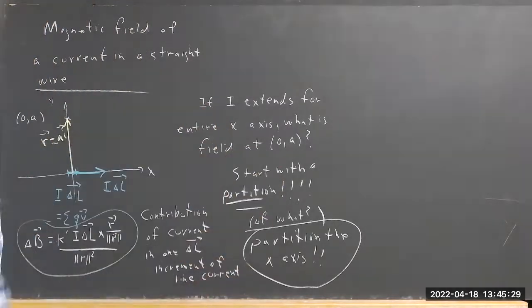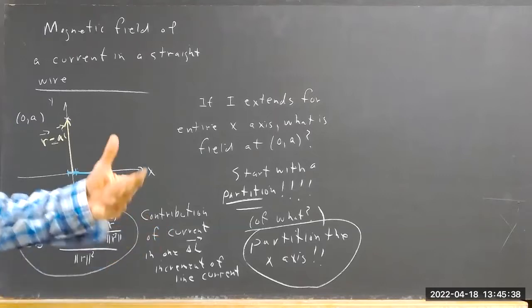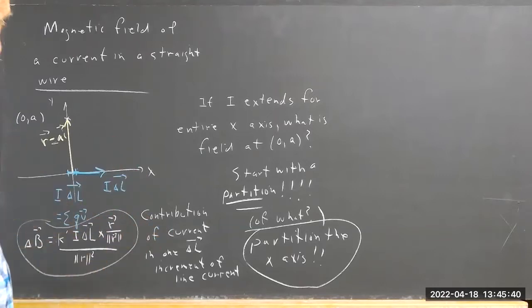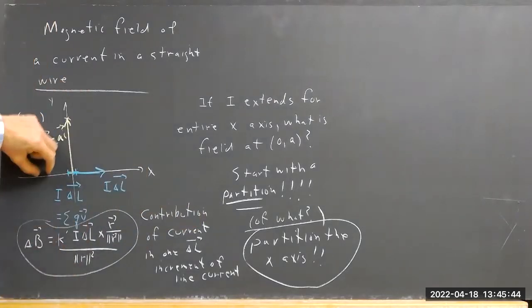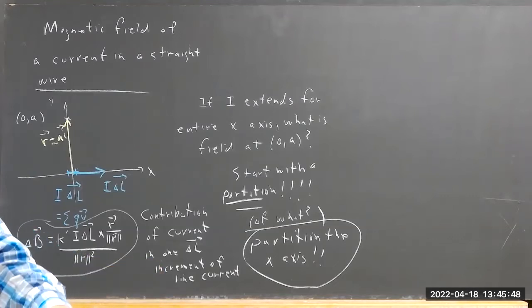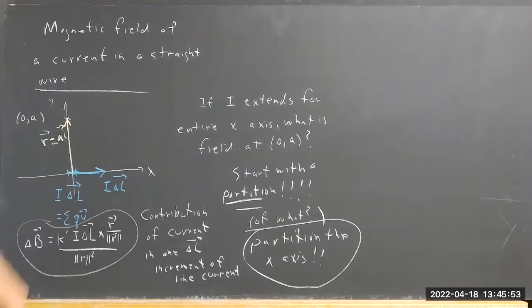You partition the x-axis. In general, if you can partition a geometric object, that's what you want to partition. Sometimes it's more abstract than that, but right now it's very clear that the current is on the x-axis and that the partitions you've been gesturing at are increments of the x-axis. The elements of your partition are increments of the x-axis. So how do you partition the x-axis?